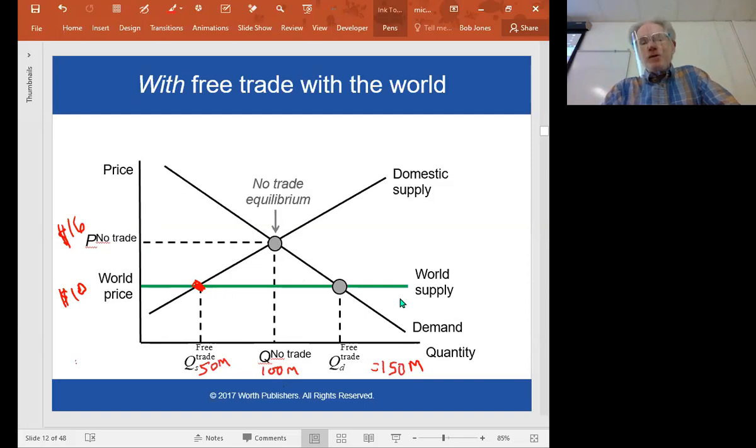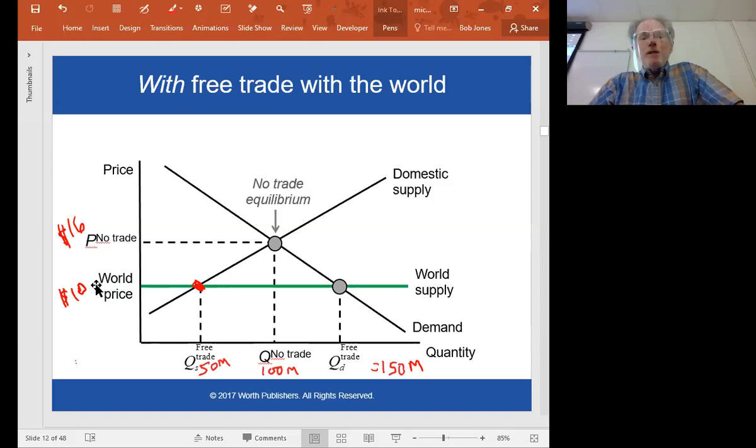When we introduce foreign trade and we have a world supply curve here at $10, ask yourself, what does that supply curve mean? It means that there are producers in the rest of the world who are willing to sell to American consumers as much as we want at a price of $10.